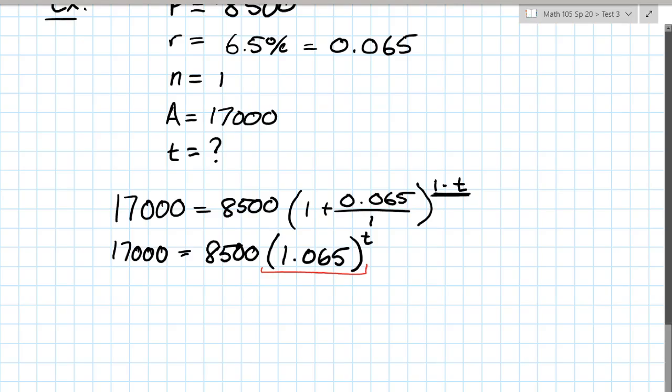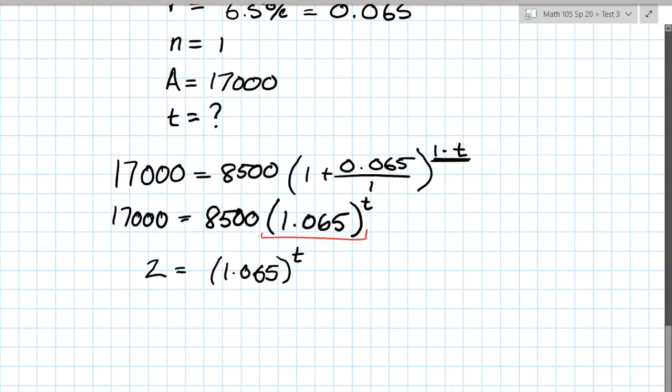So if I take 17,000 and divide it by 8,500, what do I get? Well, you should get 2, because we calculated the 17,000 by doubling 8,500. So we're left with this. Okay, this is the part where we need to use the log.